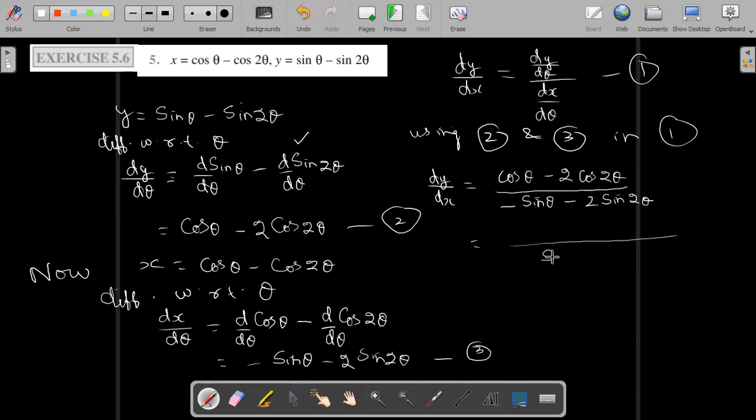So the denominator will become sin theta plus 2 sin 2 theta, and that minus will multiply in the numerator, converting it to 2 cos 2 theta minus cos theta. This will be the final result of this dy by dx. Sometimes they use the formulas for cos 2 theta and sin 2 theta to simplify more, so it depends.